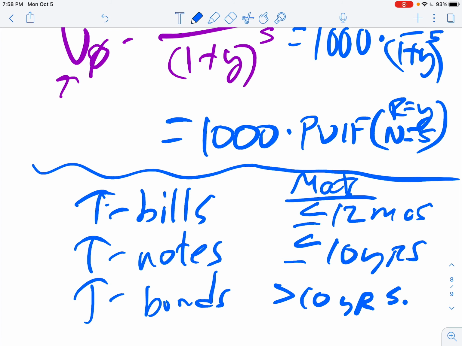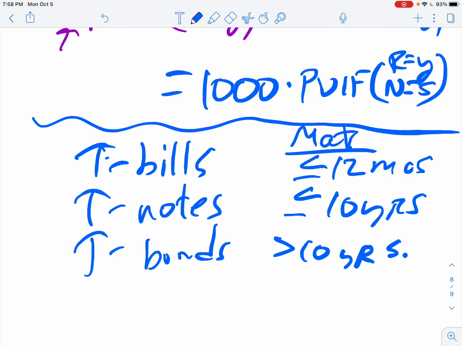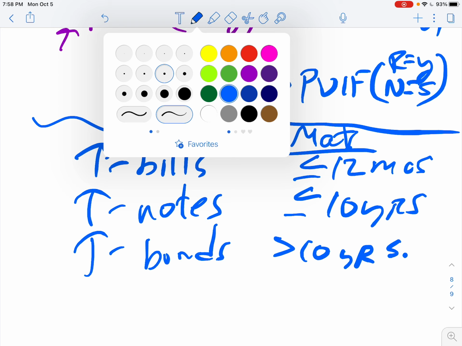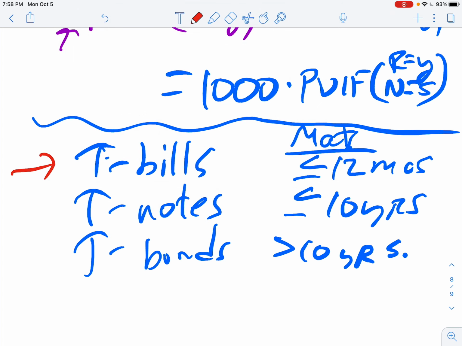But what's interesting is to know that these Treasury bills are zero coupon bonds. In other words, when you buy a T-bill, you are paying a price, something less than 1,000, and you're going to get $1,000 at some point in the future. Well, I guess that's true unless interest rates are negative, in which case you could pay something more than 1,000 to get 1,000 in the future, and that's something that we'll have to look at in more detail later.